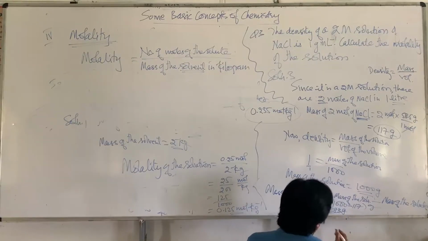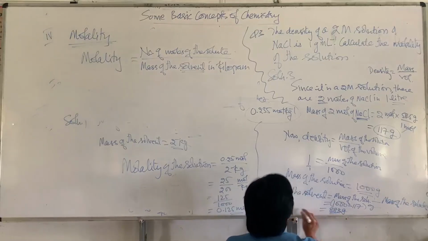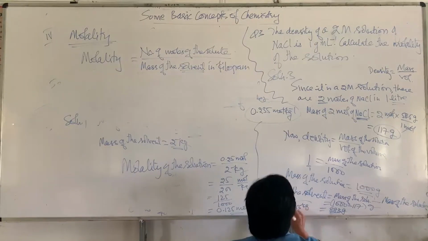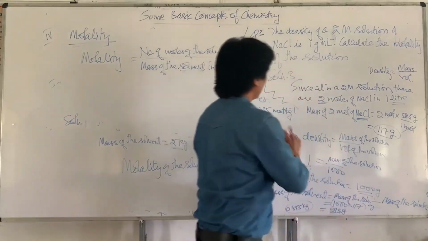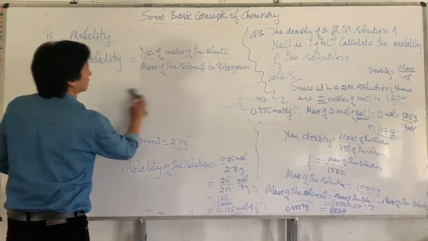Now if you express this in kilograms, you divide it by 1000 and it becomes 0.883 kilograms.